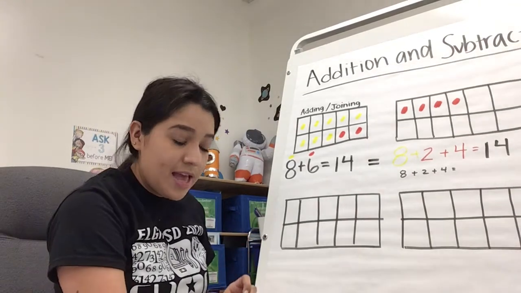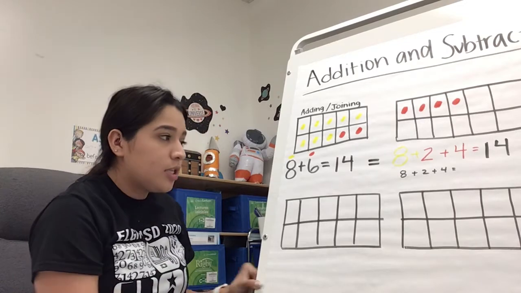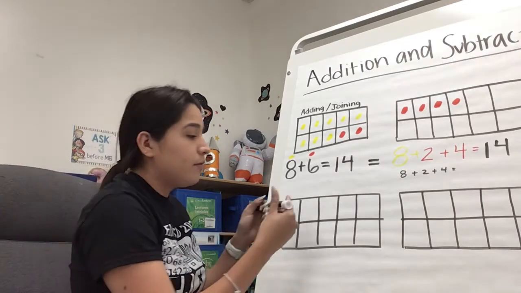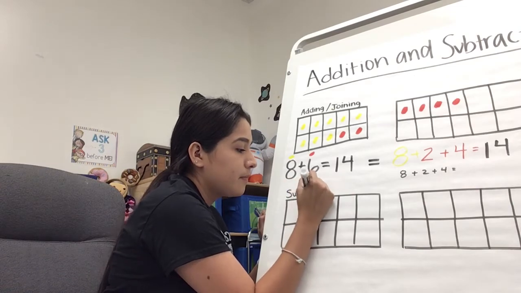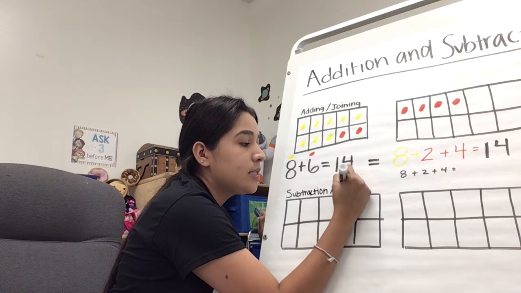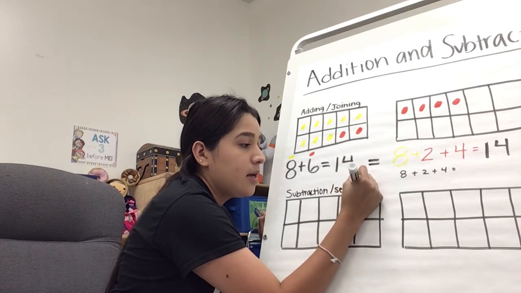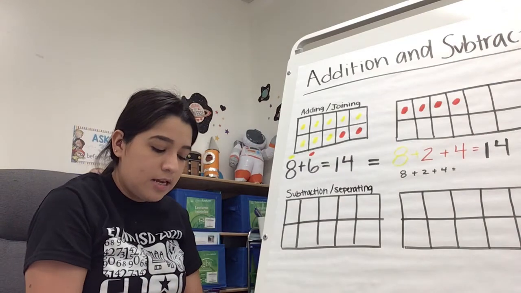Okay, now we're going to go ahead and try a subtraction problem. So let's go ahead and put up here in our other 10 frame, subtraction. Or you'll also hear it called separating. Because when you are subtracting, you are taking away.